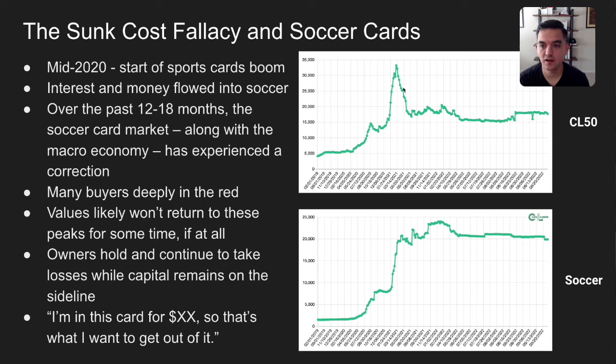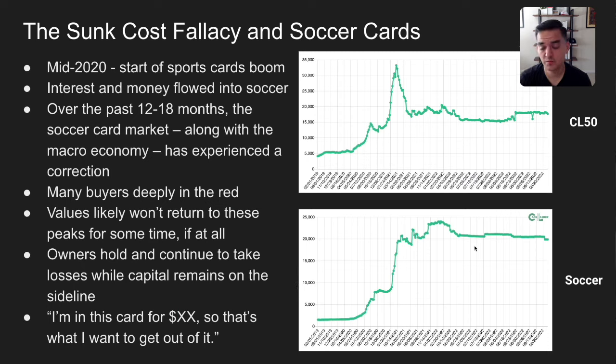Like I said, this is the Card Ladder 50. This is made up of all sorts of different cards that are beacons of the sports card market. And then the graph below is the soccer card graph. So you can see soccer relative to the other market has a very similar pattern, but not quite as high of a high and a much higher correction than where it initially started. But still very similar in nature in the sense that there was a big run up and then a correction.